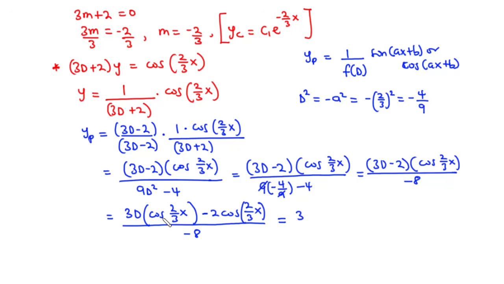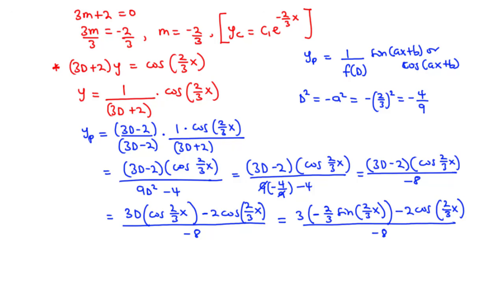When you differentiate cos, you have a negative sign. So first you differentiate 2 over 3 x with respect to x, and then you have 2 over 3. Because you are differentiating cos, you have a negative sign, so negative, and then we have sine of 2 over 3 x, and then minus 2 cos 2 over 3 x, all divided by negative 8.